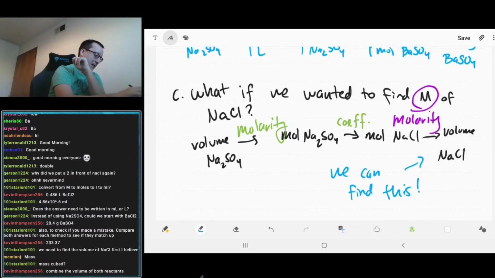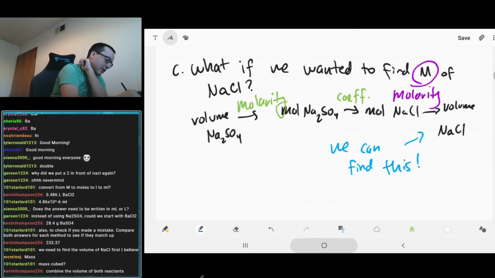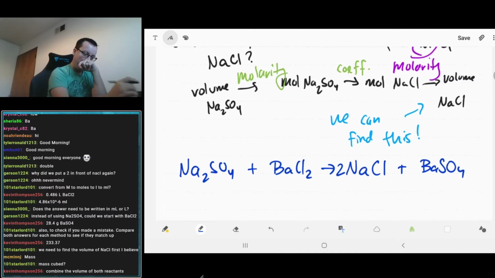So, let's flash back to the reaction, right? We took sodium sulfate plus barium chloride, and we swapped them. Putting in our values here.